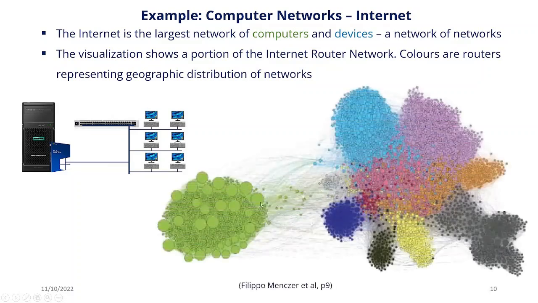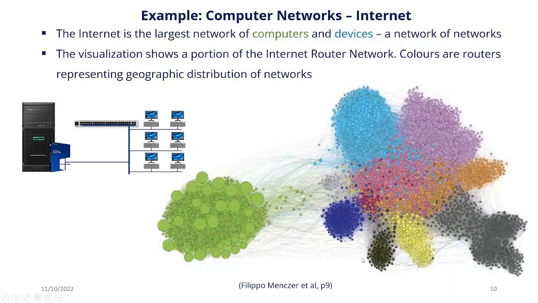What you see on the right hand side shows a portion of the internet router network. The colors represent the geographic distribution of the networks. The light blue on the top right hand side is one geographic location of routers. The green one on this side is another geographic distribution of routers, and so on.